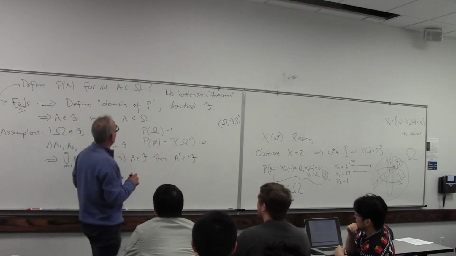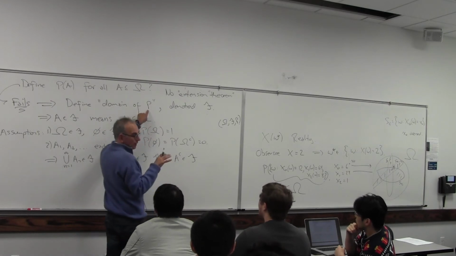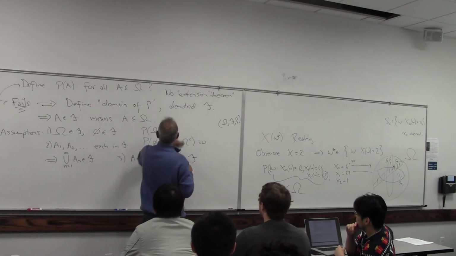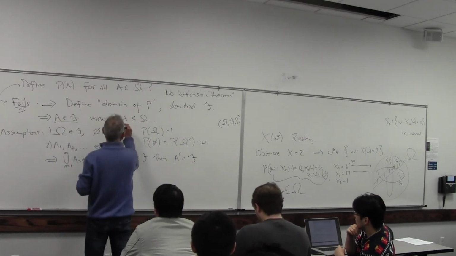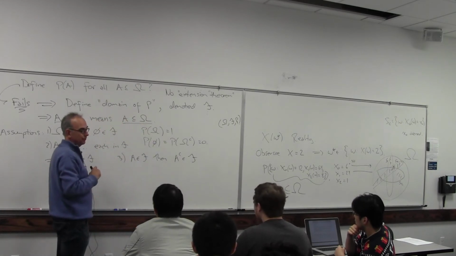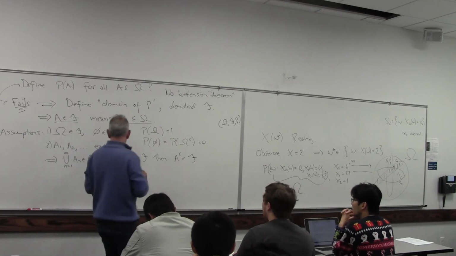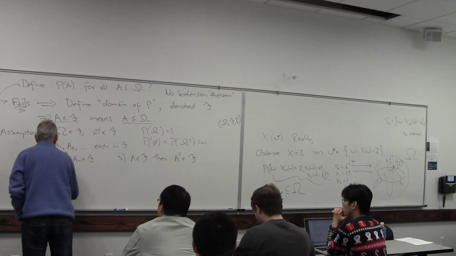It can be confusing. F is the domain of P. So P is a function, from sets to numbers. So F is a collection. So A is in F. And also this language: if A is in F, A is called an event.